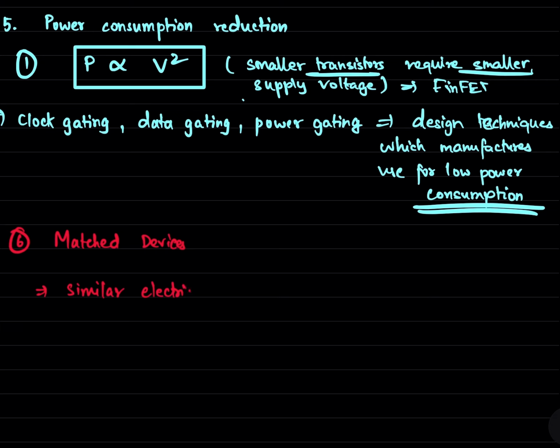There won't be any disparity. If you manufacture them individually, there may be a little disparity between the electrical functions, but since you are preparing a lot of them on the same wafer, they will have the same electrical functions. So this is the advantage of ICs, matched devices.